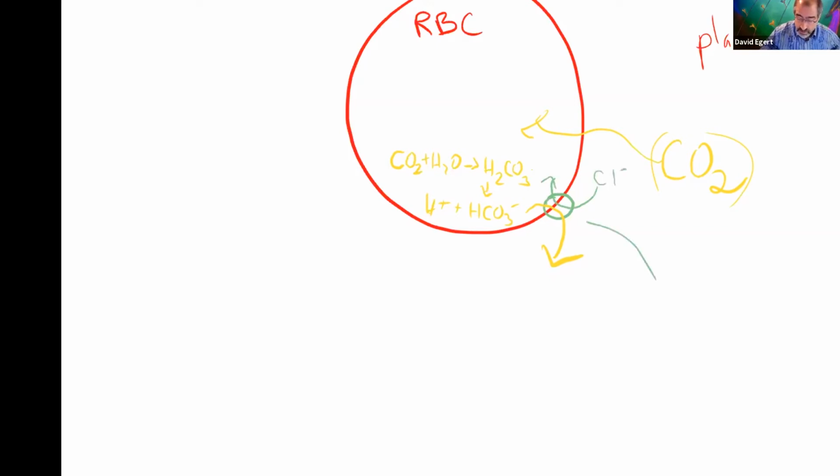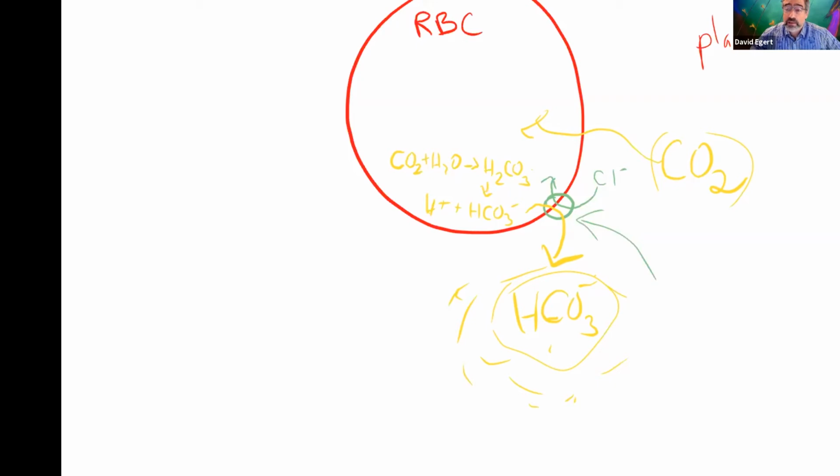They call this the band 3 protein. It's basically a chloride-bicarbonate antiport. And so now we have bicarbonate, HCO3 minus, in the plasma.